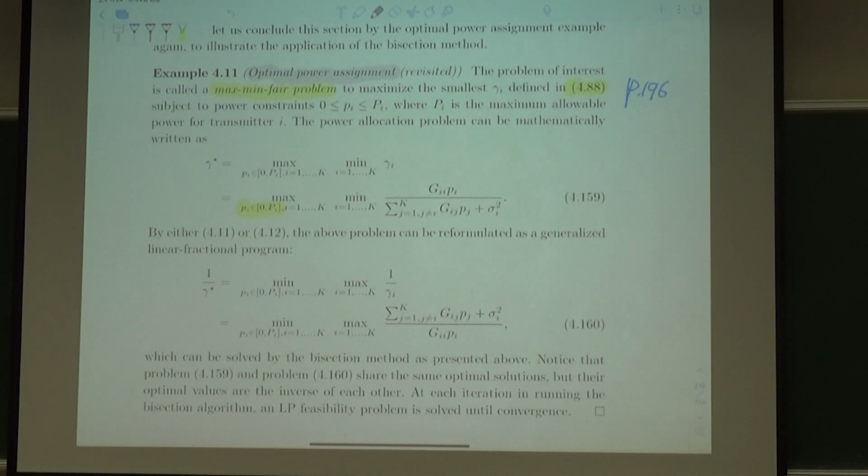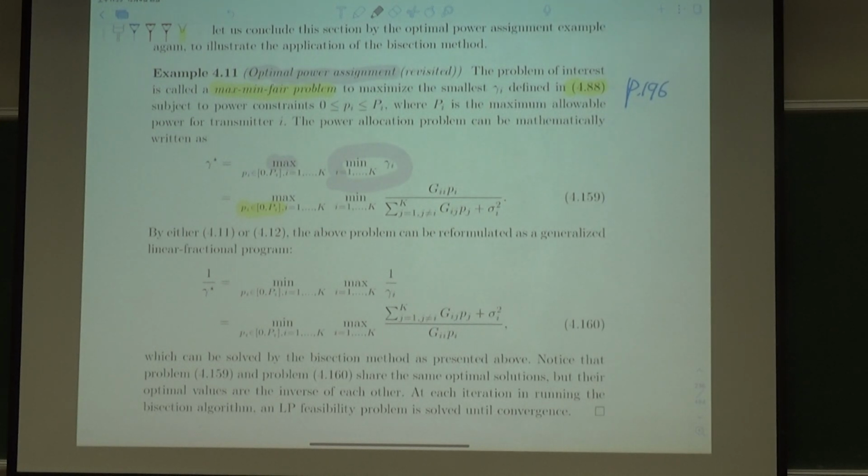In other words, we are not going to minimize the total transmission power. We want to maximize the worst case. We want to maximize the minimum gamma of the K users.